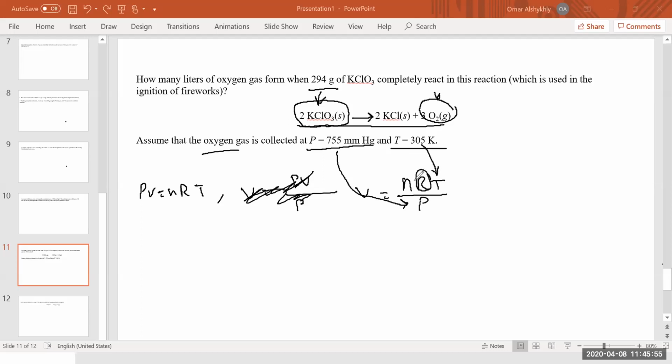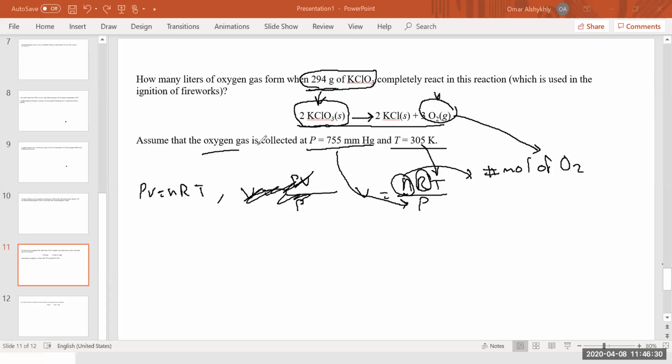This is the constant. And this is the number of moles of oxygen gas. We don't have it. Now, be careful. This mass is for KClO3, and what we are looking for here is the number of moles of O2, of oxygen gas. What we learned previously in stoichiometry, we can use the mole-to-mole ratio to find the moles of any chemical if we have the mole or the mass of the other chemical.